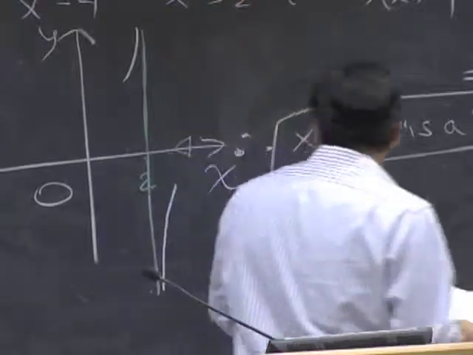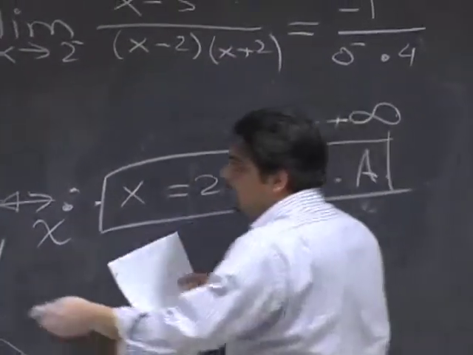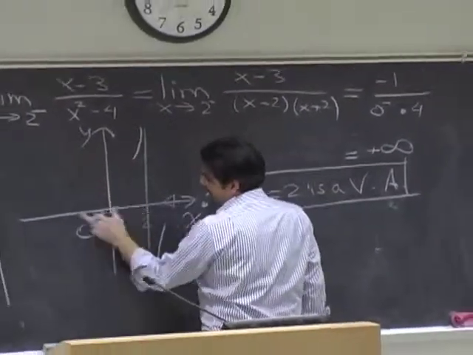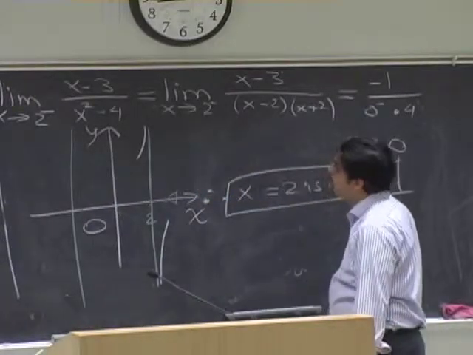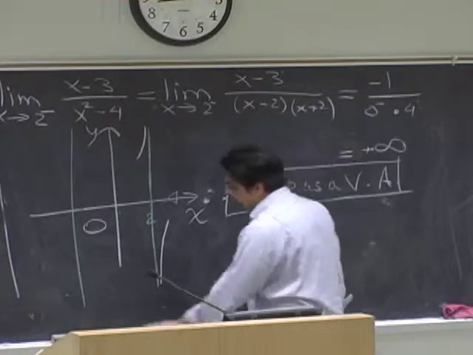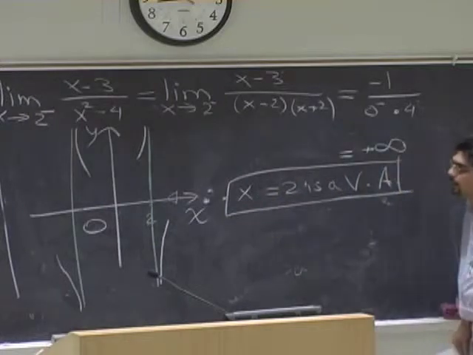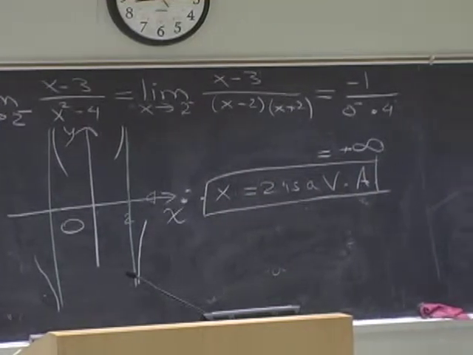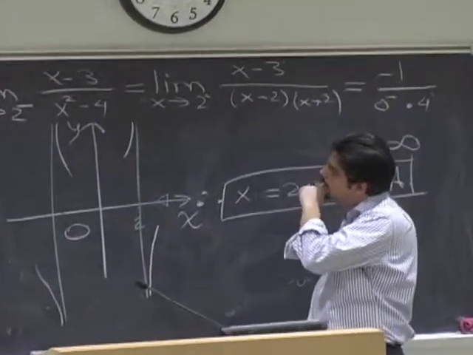Yeah, I'll draw it. We will have an asymptote at negative 2, and I think it'll look like this and like this. If you do your calculations, from the left it'll be negative, from the right it'll be positive, I think.